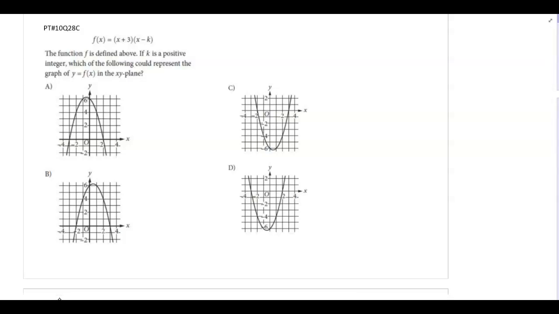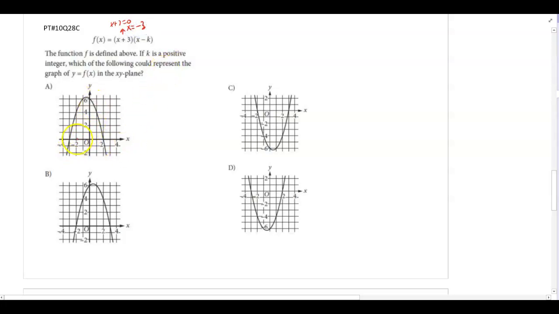The next one, f of x equals x plus 3 times x minus k. So the function f is defined above. If k is a positive integer, which of the following could represent the graph of y equals f of x in the xy plane? So right away, if I take x plus 3 equal to 0, one of my x-intercepts is negative 3.